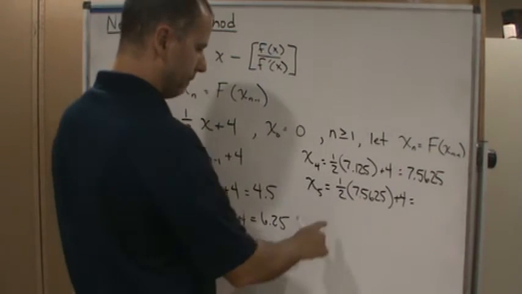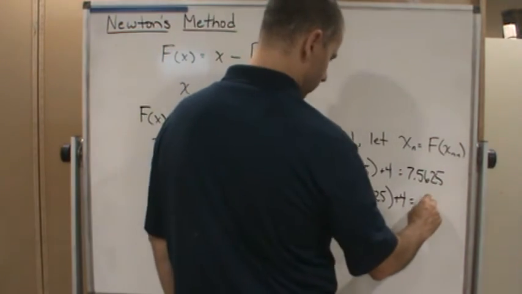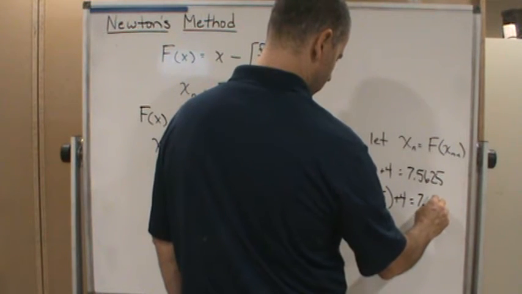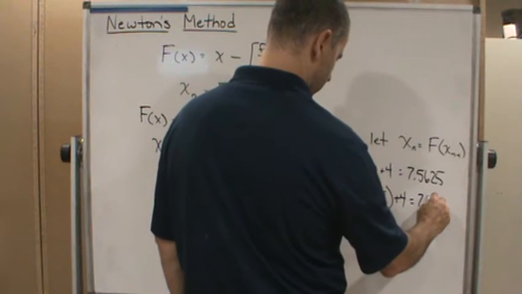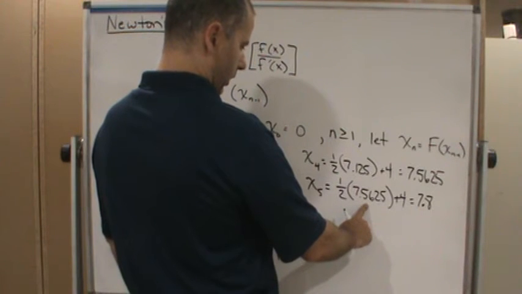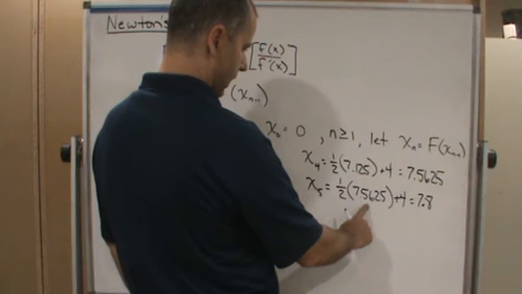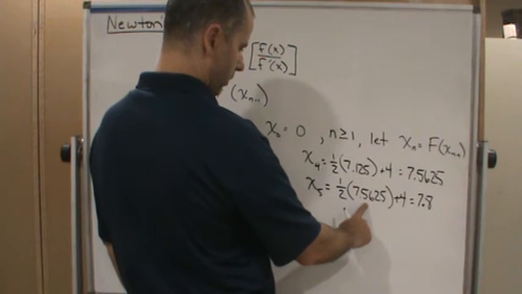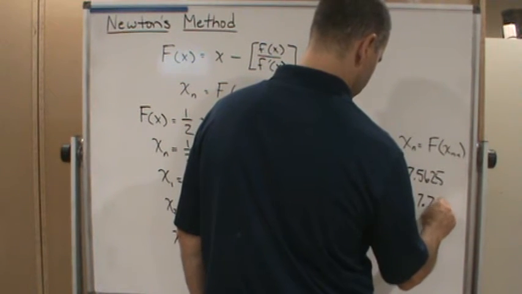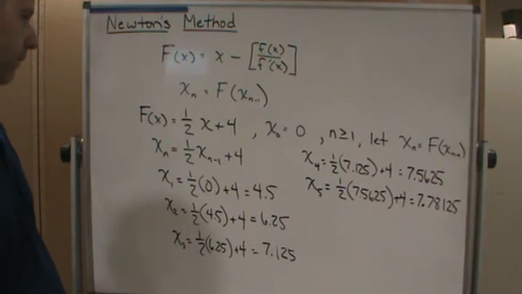Half of this is 3.78125, so it's 7.78125.